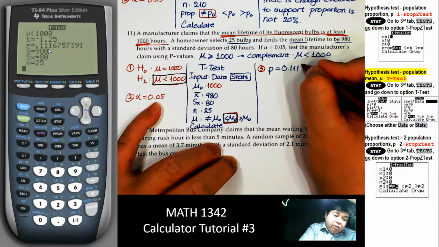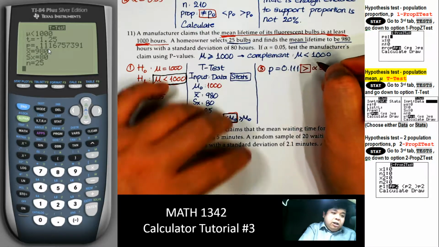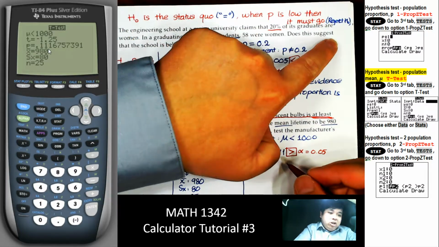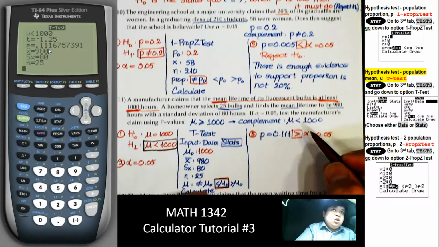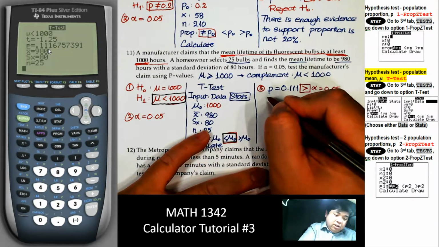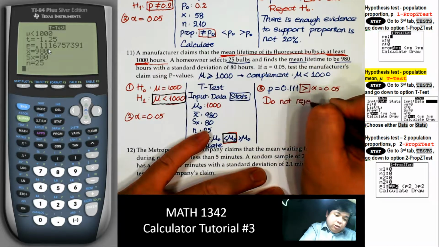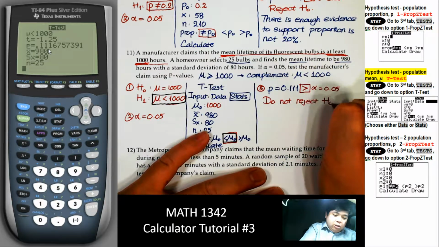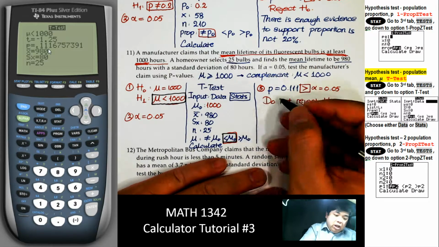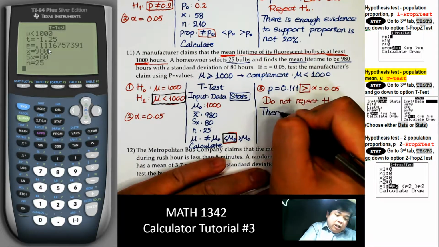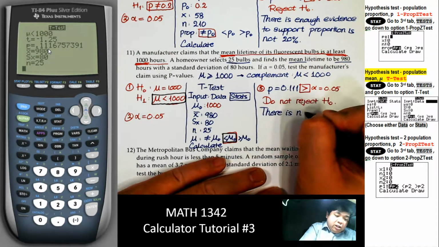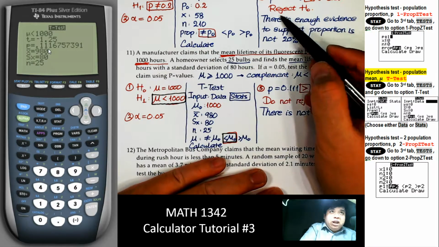If it is bigger than alpha, so if it's low, then we reject it. If this is bigger than alpha, we do not reject it. And the conclusion would be as follows. If we reject, we have enough evidence.